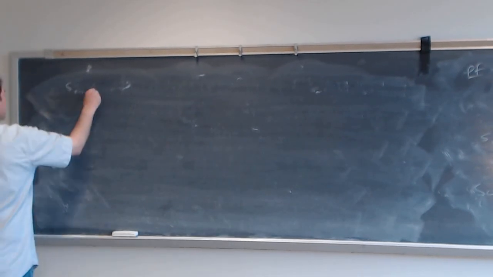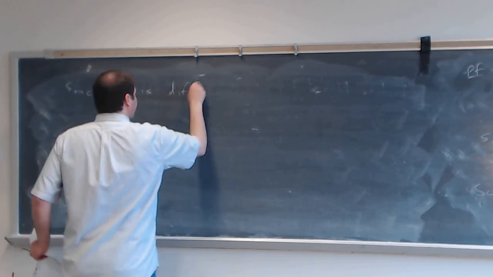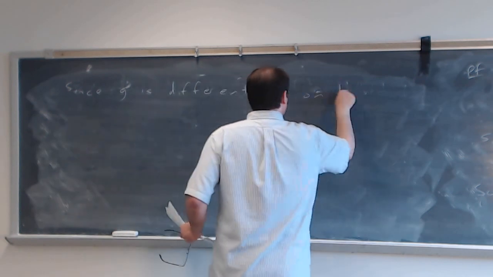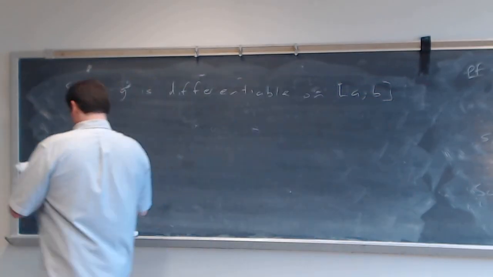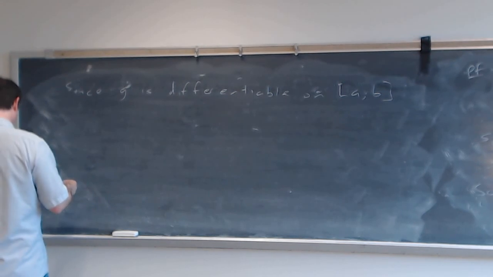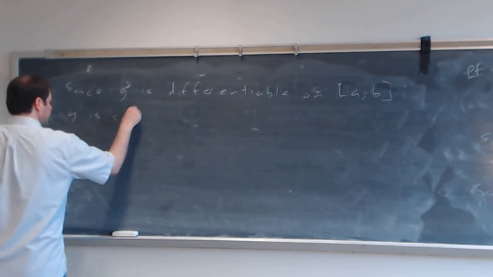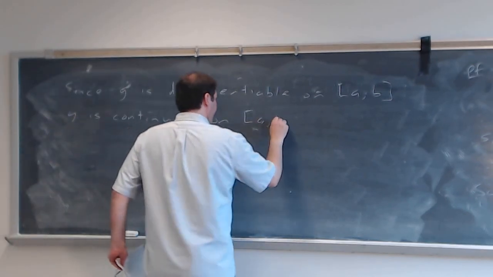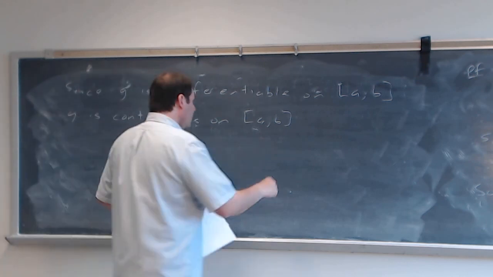So since g is differentiable on the closed interval from A to B, g is continuous on A to B, and the interval is compact.